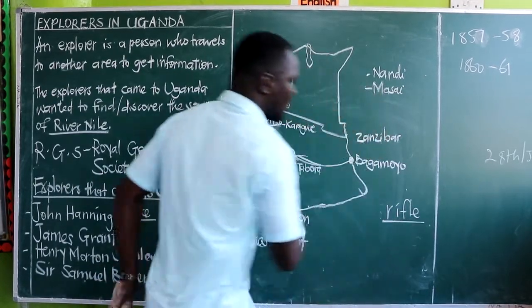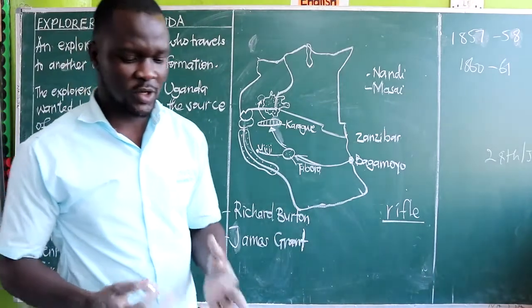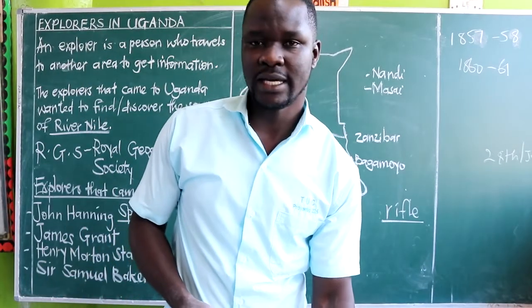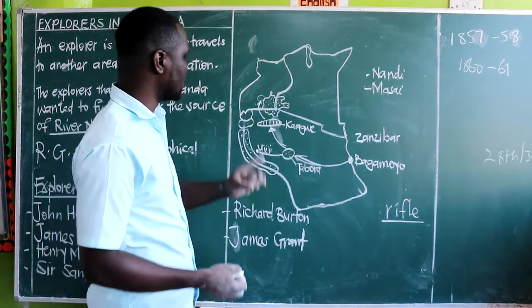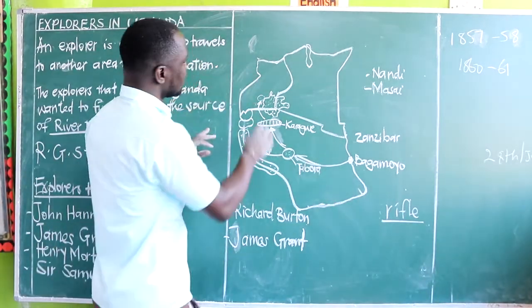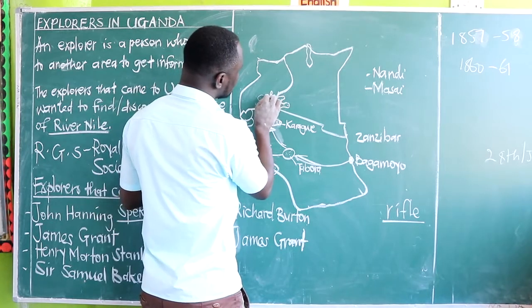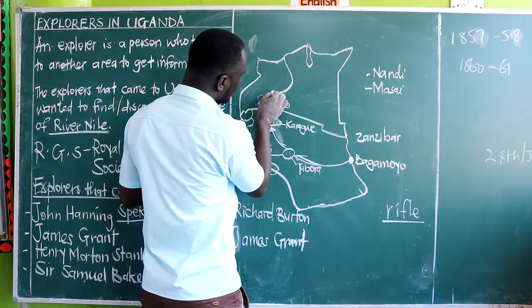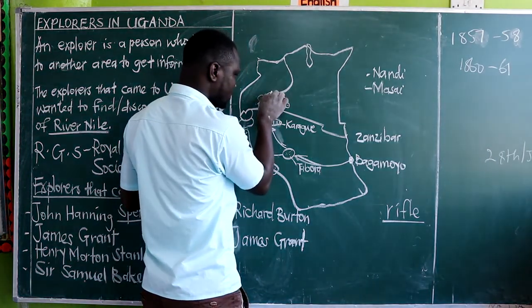You can be asked, what was the special gift that John Speke presented to the king of Uganda, that is Kabaka Mutesa I? That was a rifle.